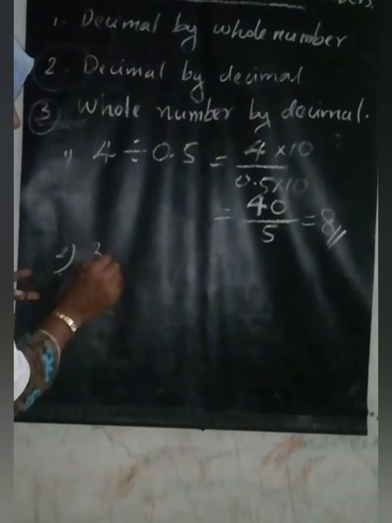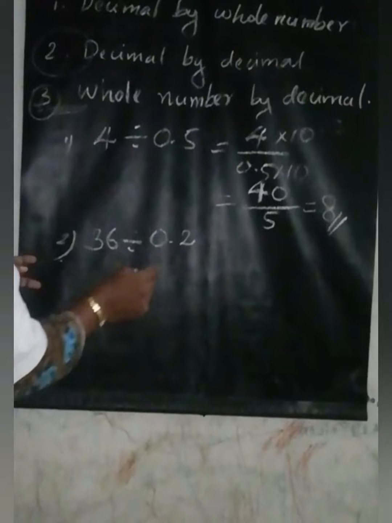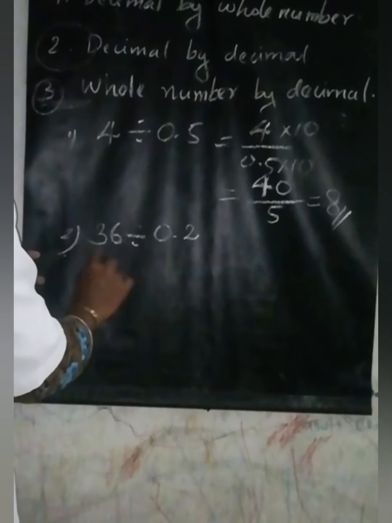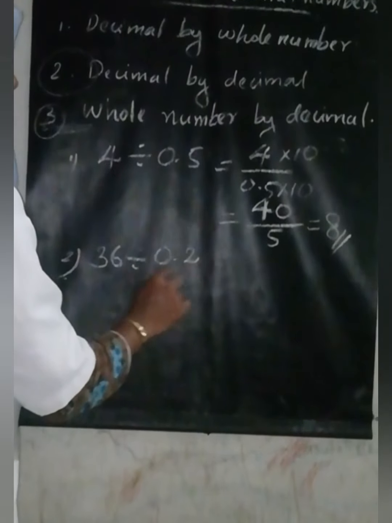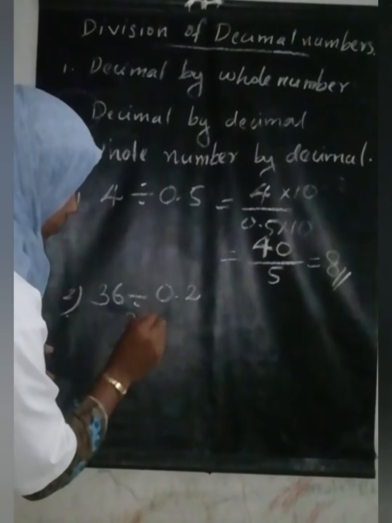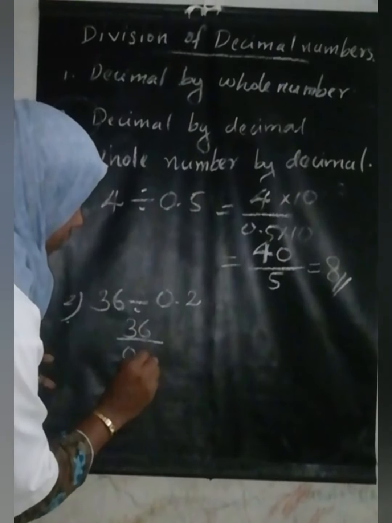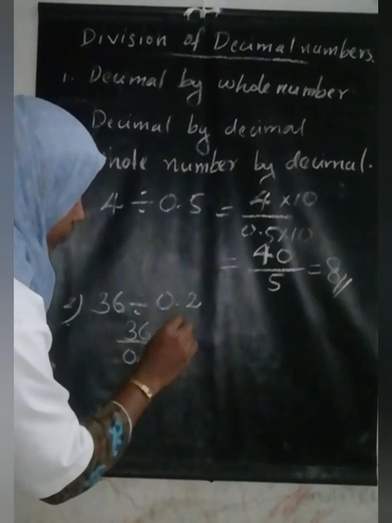Consider the next question, 36 divided by 0.2. In this question also, no decimal place in the numerator, the dividend, but the divisor has one place. For that we have to write this question in this way, 36 divided by 0.2, and multiply by 10 to avoid the decimal.